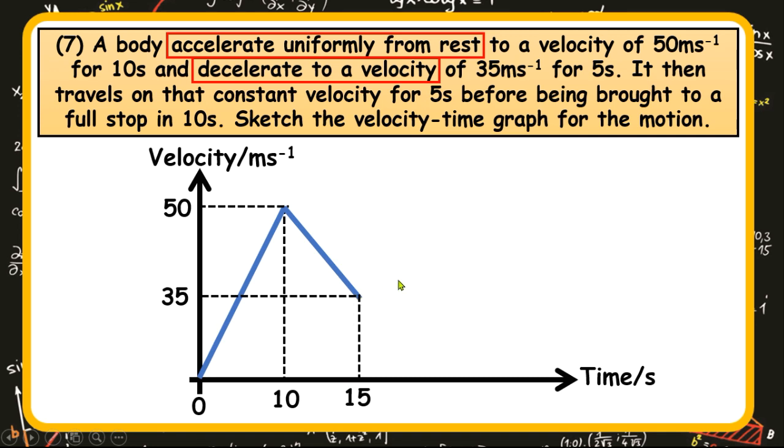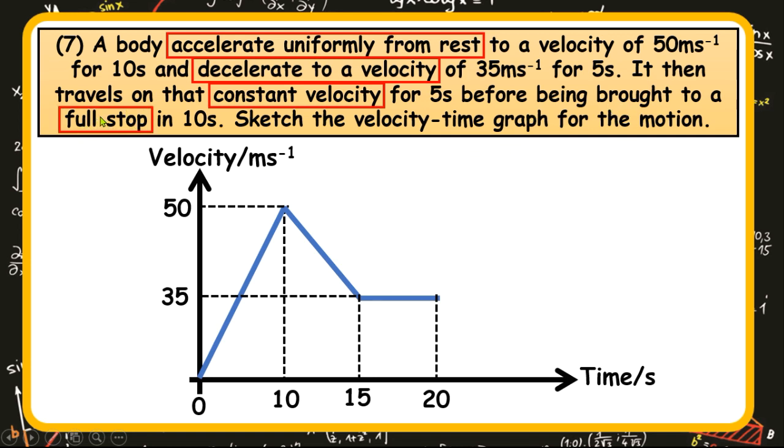From this end, it then maintained or traveled on a constant velocity. So from here, the car was on a constant velocity, and that constant velocity is drawn this way for 5 seconds as well. So on the timeline, you add 5 seconds to the 15 to make 20. From here, it says before being brought to a full stop.